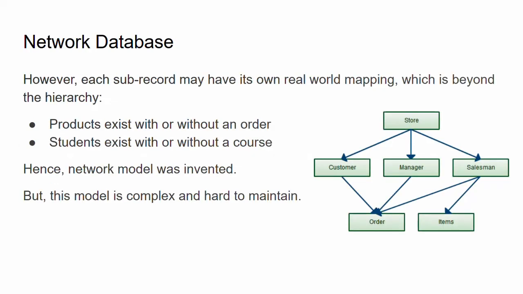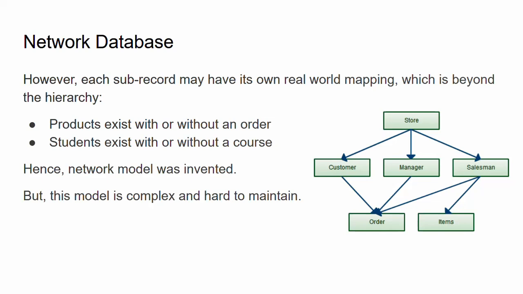So this is where the network data model comes up. Each entity may have its own real-world mapping, which is beyond hierarchy. So products exist with or without orders, a student exists with or without a course. Hence, the network model was invented. The problem with the network model is that without a clear mathematical way of defining, you can arbitrarily draw connection relationships between any two objects.